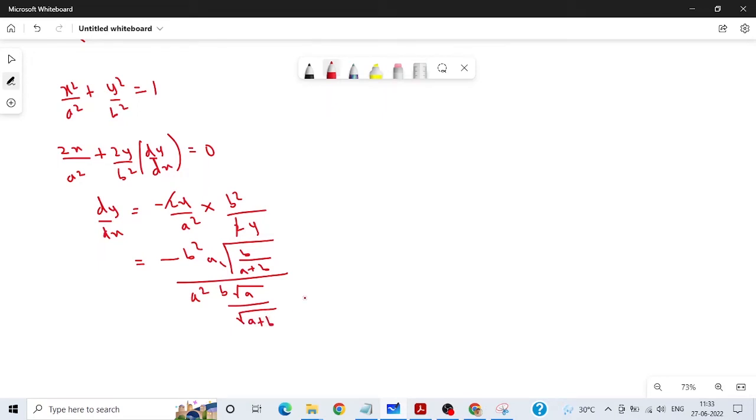So the square root of a plus b gets cancelled. And by simplifying we can easily see that we get the answer, it's minus b square root of b upon a square root of a. So now let's take this slope as m1.